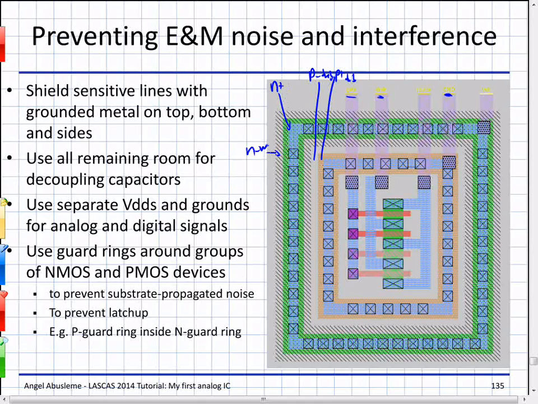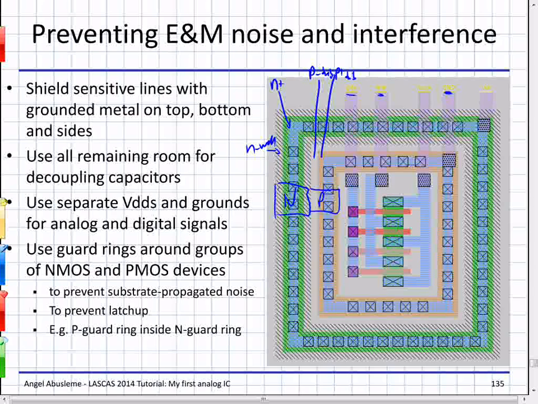And if we do this, this region is N, this region is P. So we have something like a diode. This looks like a diode, and usually diodes don't let current flow one way. So this works as a way to prevent substrate current from adding some noise on this device.